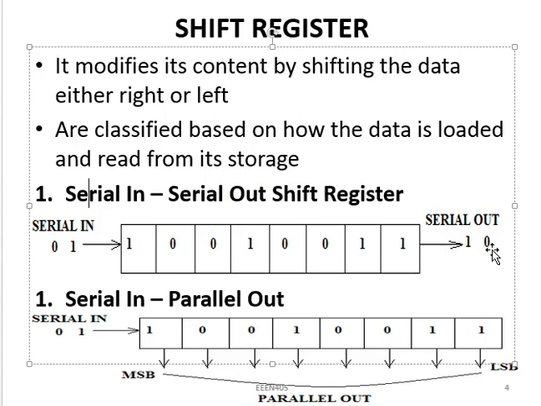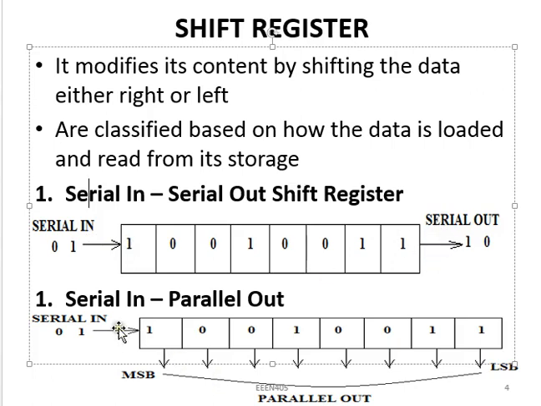The fact that it is a shift register is illustrated here, because whenever 1 bit comes in, a bit goes out, so it is shifting, and it depends on how the shifting is taking place. Is it in the right direction or in the left direction? But the most important thing here is that it takes inputs serially and produces output in a serial manner.